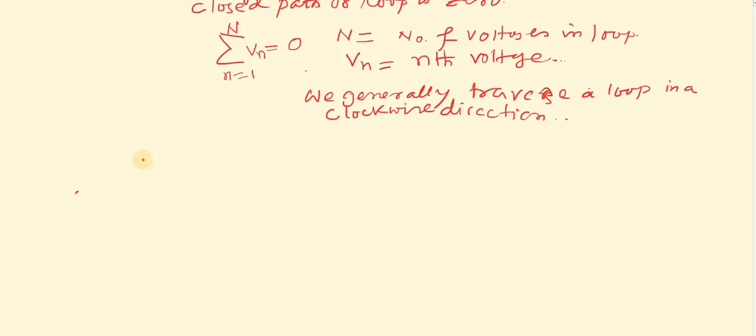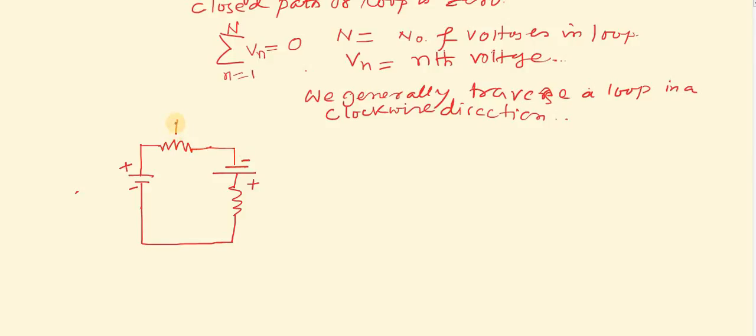Say for example, just consider a circuit. Say this is a voltage source, and a resistance is connected, and another voltage source, and another resistance here, with plus and minus symbols marked.